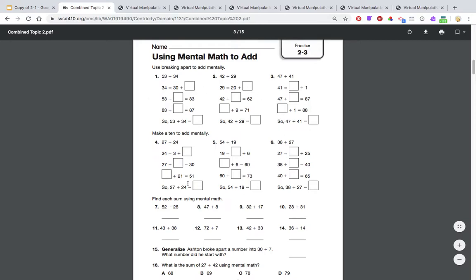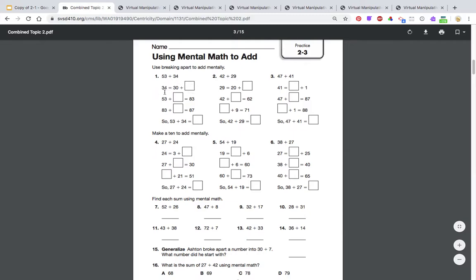Now it does look a little bit overwhelming at first, but if we take a look at the top, it's telling you to use break apart. So what it did for you on 1, 2, and 3 is it already broke apart some of them for you. So it's having you fill in those missing numbers. So for example, this first one says 53 plus 34, and 34 equals 30 plus blank.